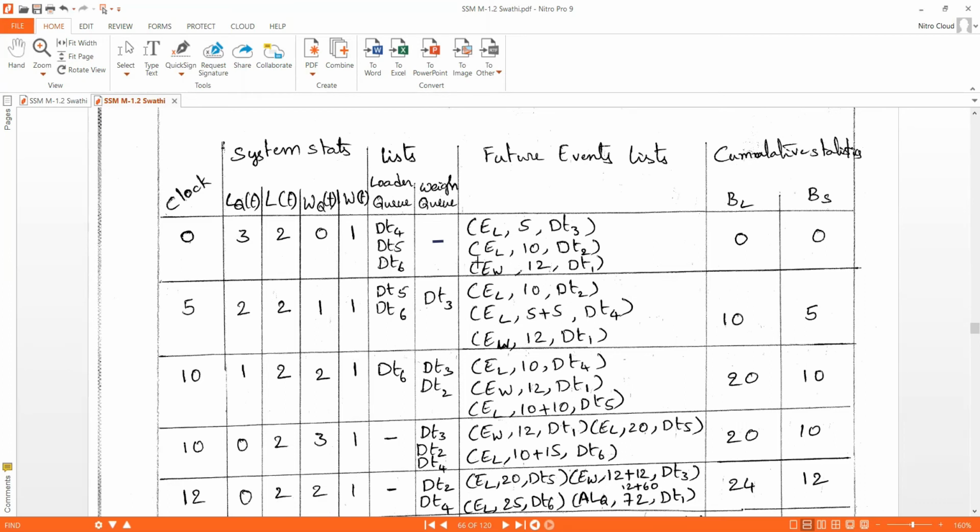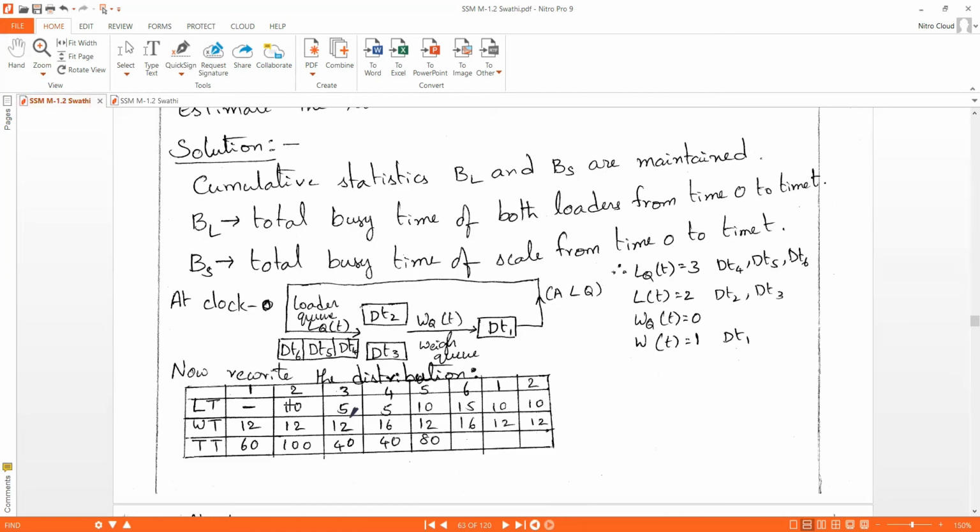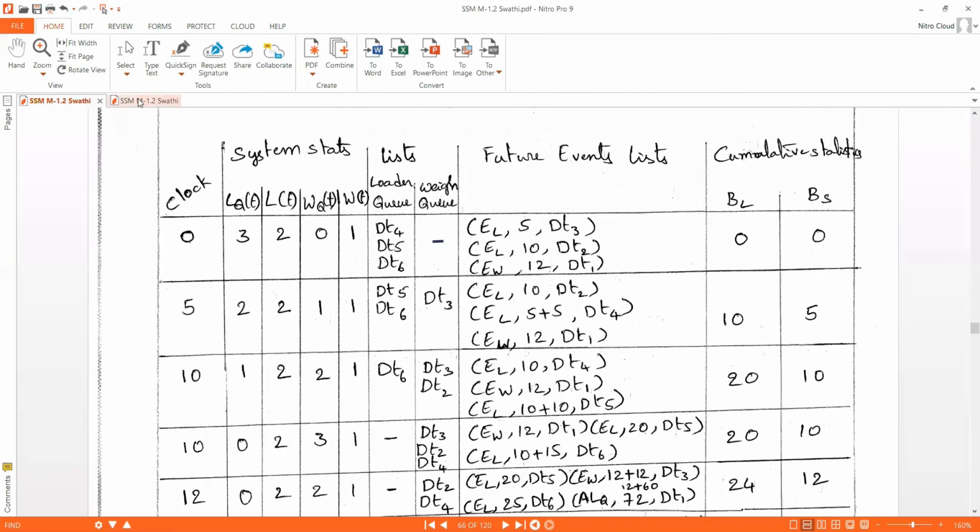Next, ending loading for DT2. DT2's loading time is 10 minutes, so DT2's loading will end at simulation clock time 10. We'll represent it like this: EL, ending loading for DT2, at simulation clock time 10.